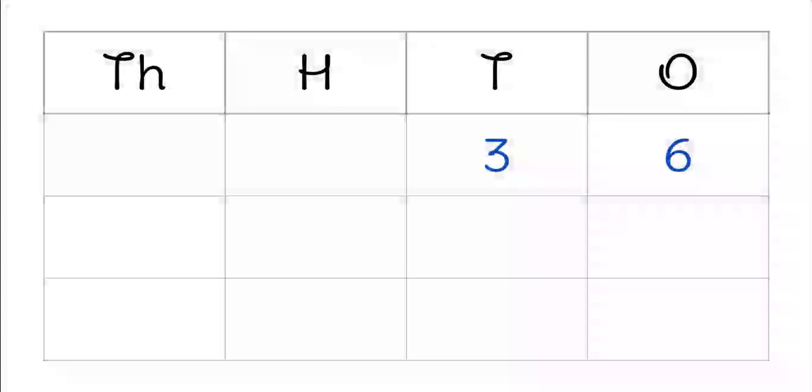Now, when we're timesing by 10, each of our digits moves one space to the left or one space bigger, and we add a placeholder 0 to the end. So 60 times 6 is 360. Well done if you got it right at home.